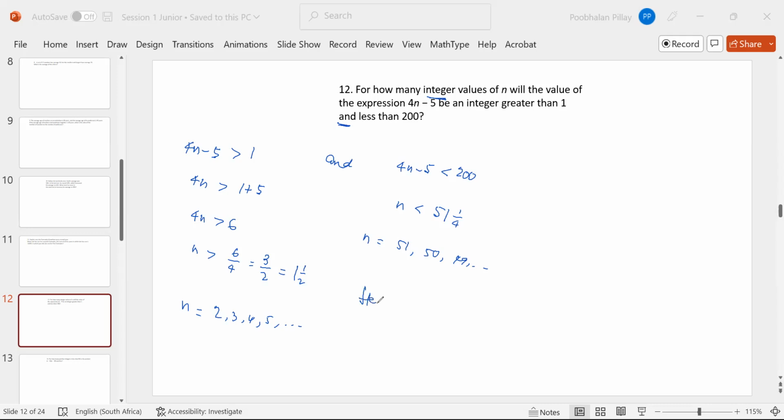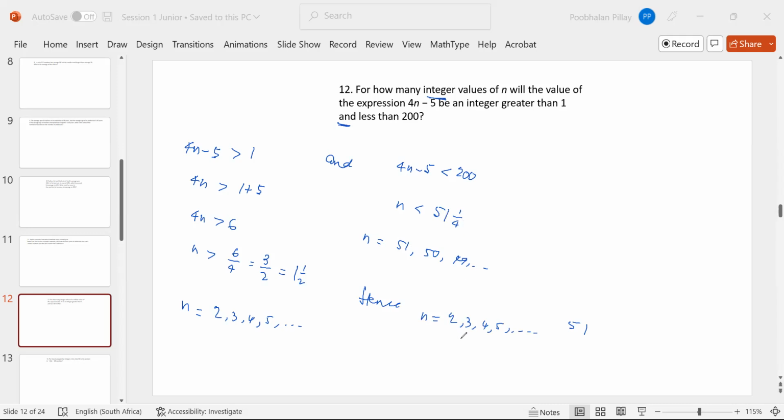If you combine these two statements, n starts from 2, 3, 4, 5, and goes all the way up to 51. It cannot exceed 51 because it's less than 51 and a quarter, so it can't be 52.